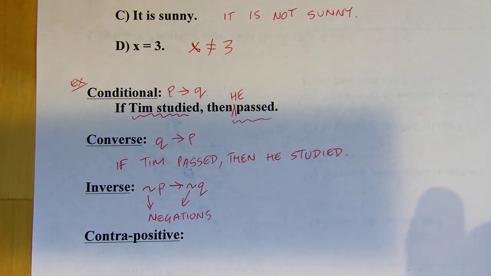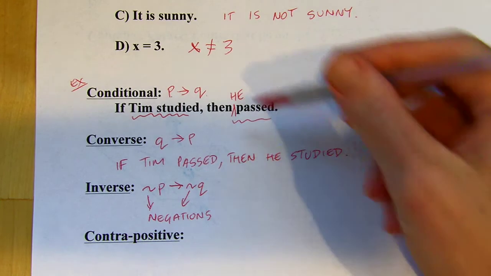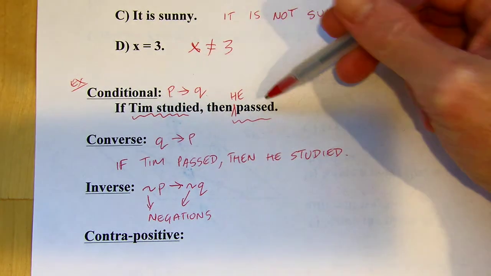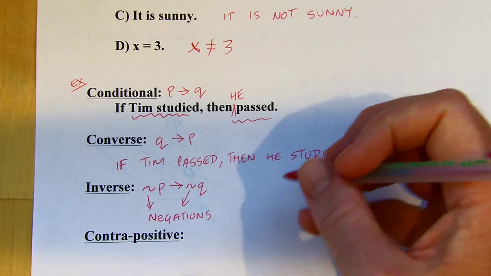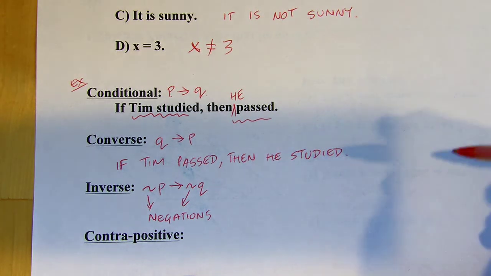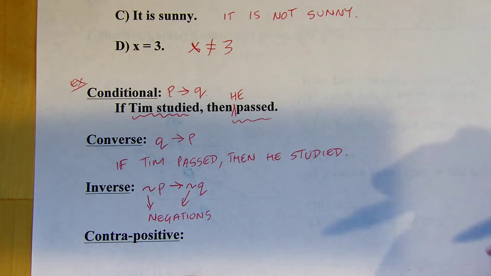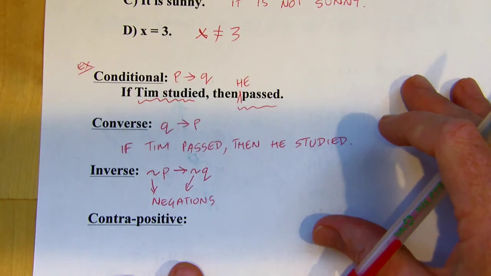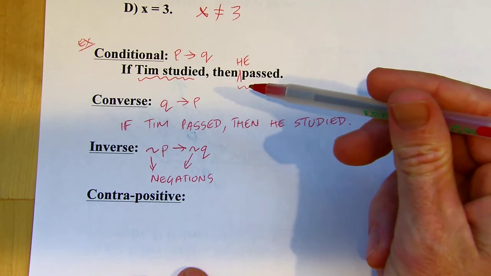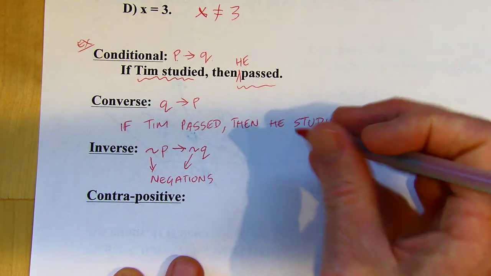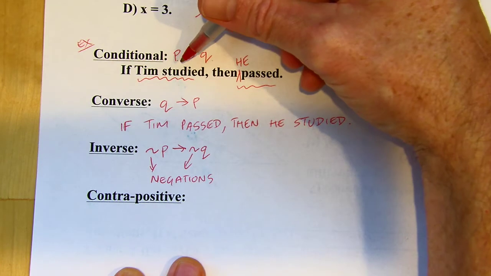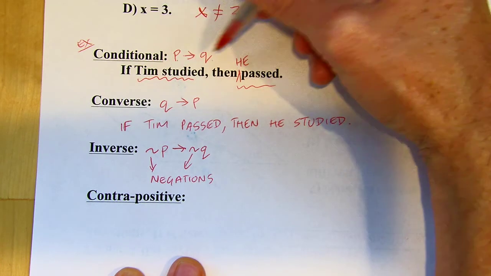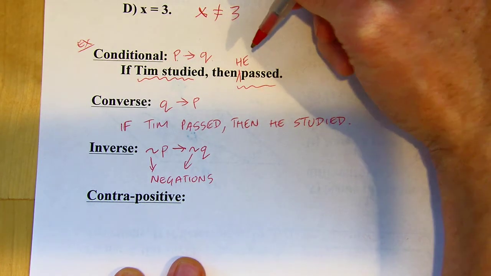So I'm going to have the negation of the original hypothesis followed by the negation of the original conclusion. By the way, I don't know who Tim is or if he passed or not. I'm not really worrying about if any of these statements are true or false. I'm just taking the original conditional and rearranging it to get these different things. So I'm going to say if Tim didn't study, then he didn't pass, or something like that.